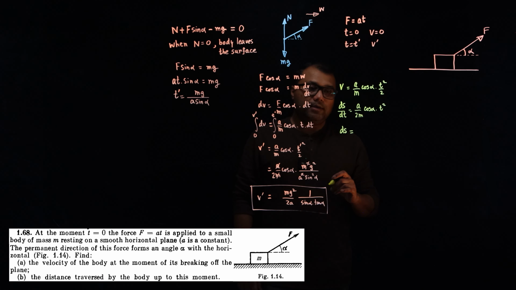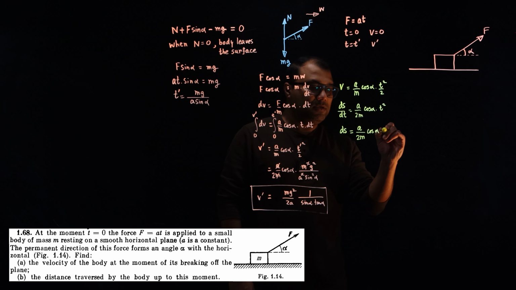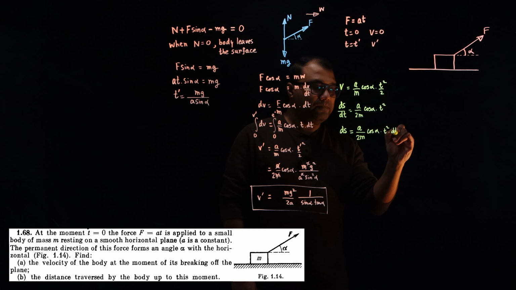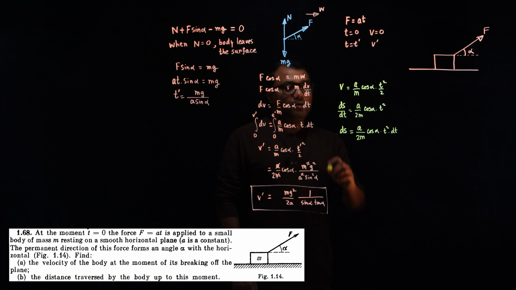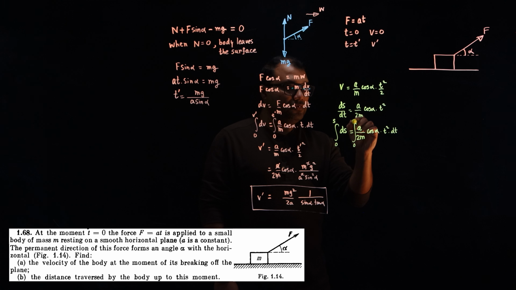So ds, which is the displacement or the distance traveled, we can write as A by 2m cos alpha t square dt. Now let's integrate both sides, 0 to total distance s and 0 to t dashed.